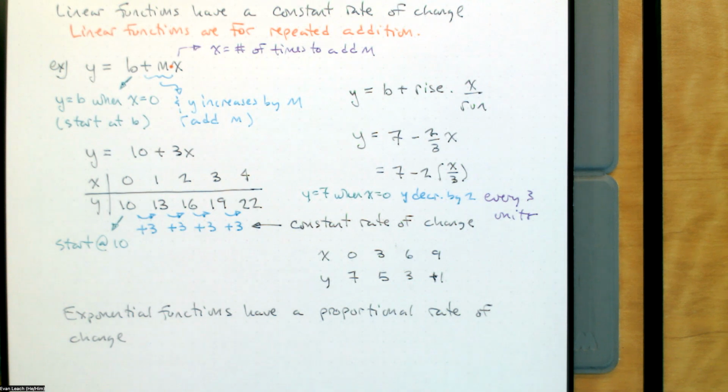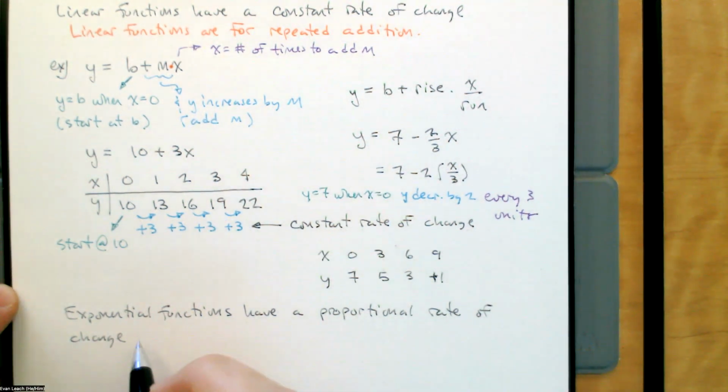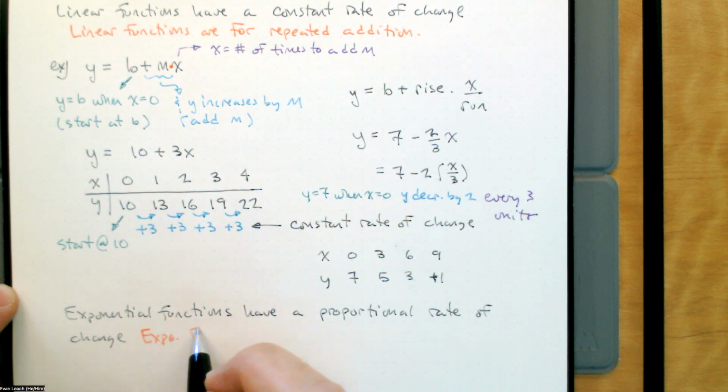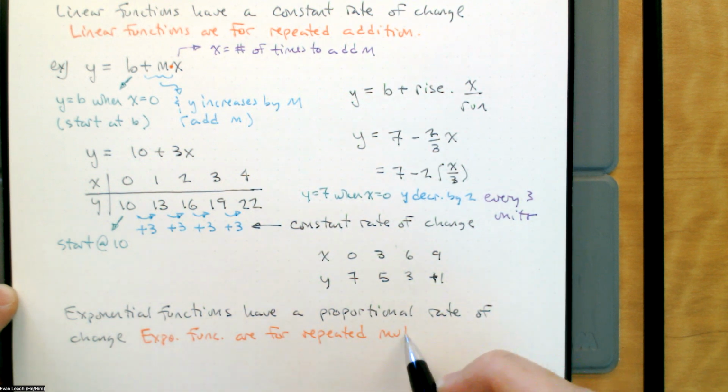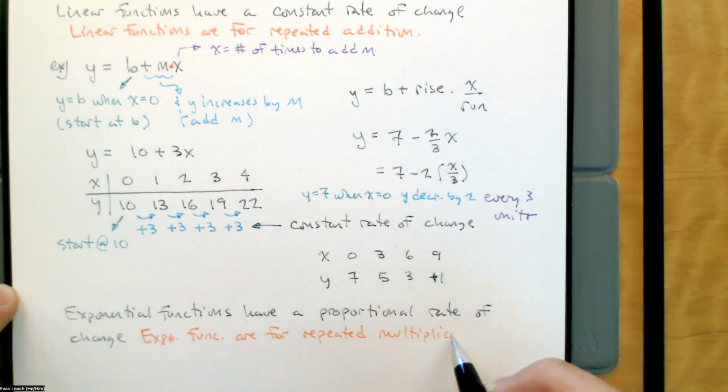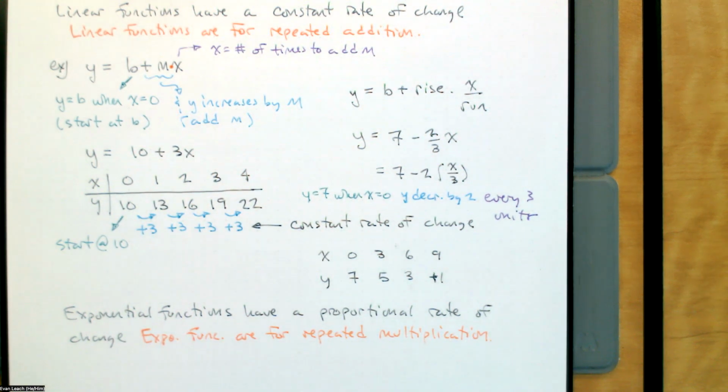So we would have m to the x, because that would indicate repeated multiplication. Exponential functions are for repeated multiplication.